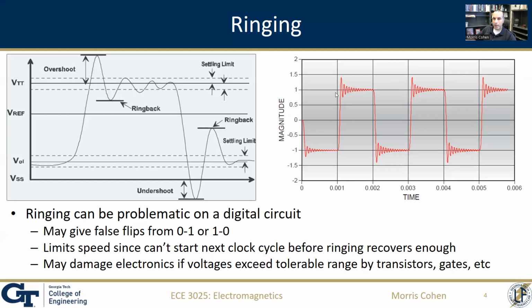Imagine taking this plot on the right and making the ringing just a little bit more severe. If our digital logic circuit is set to trip at 0 to decide whether it's a 1 or a -1, then we might get false flips. That ringing is going to look like a 1 to 0, 1 to 0 flipping back and forth, when that may not be the actual, correct reading.